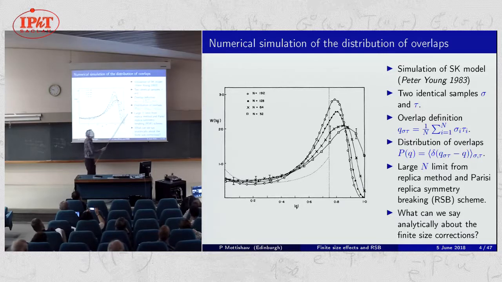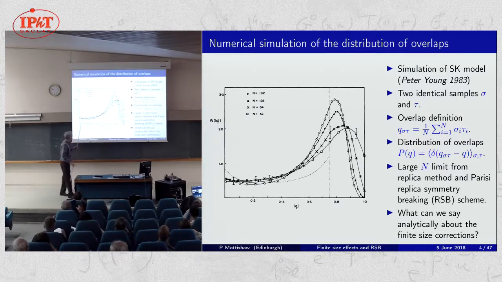The way you approach this is you take two identical copies of the J_ij, and you can define the overlap between those two copies. You simulate them, and you track that overlap over time, and that gives you an estimate of the distribution of overlaps.